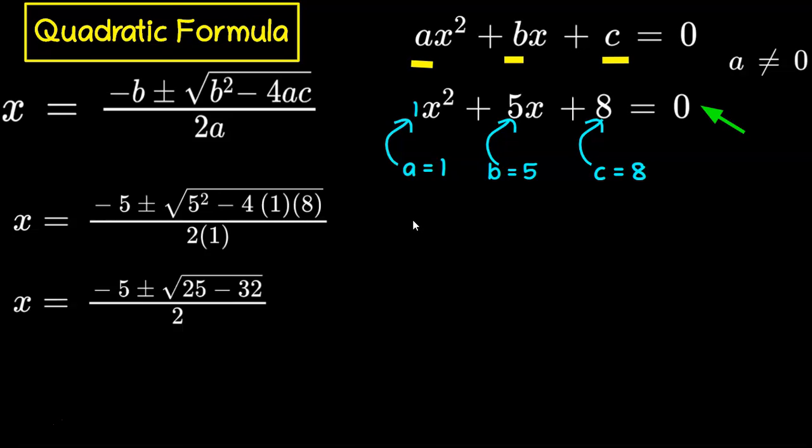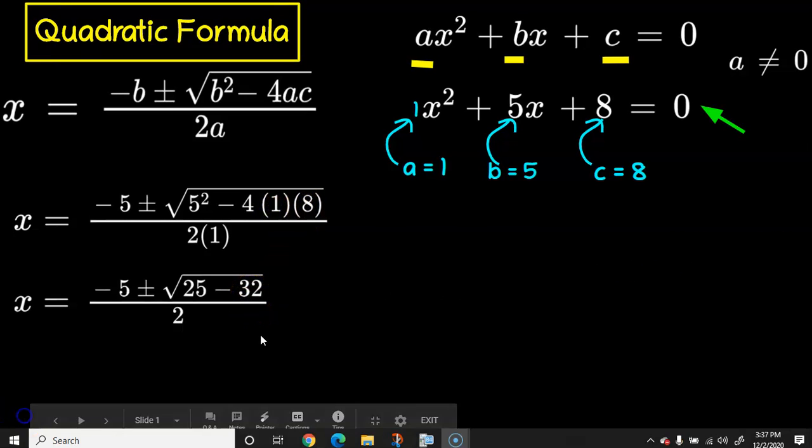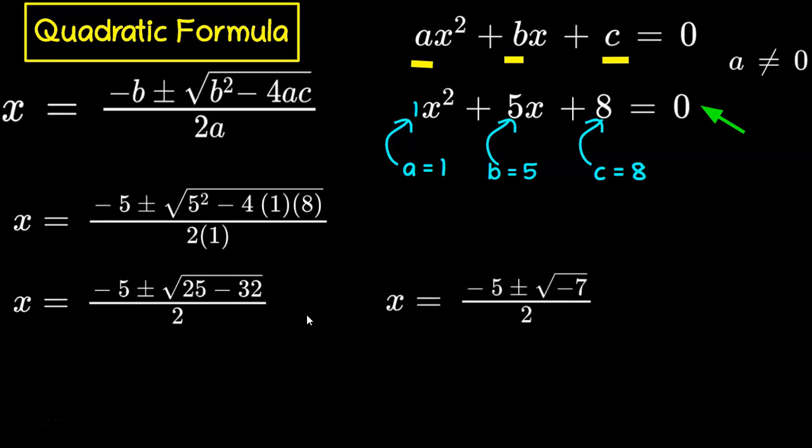So we'll have x equals negative 5 plus or minus the square root of 5 squared, which is 25, minus 4 times 1 times 8, which is 32, then all over 2. Simplifying further, we'll have x equals negative 5 plus or minus the square root of negative 7, all over 2.